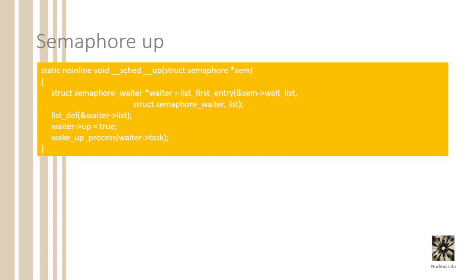Now one of the waiters is going to get woken up, and it's going to see that its up member is set to true, and it's going to exit the for loop that it had, and return with an acquired semaphore. One more thing it does is wake up the process so that that particular task comes back, acquires the spin lock, and checks this waiter.up.